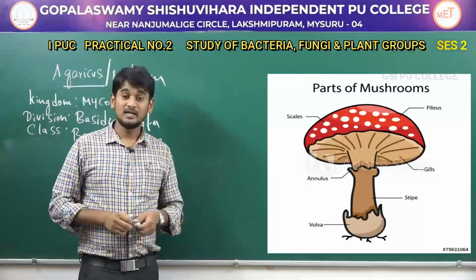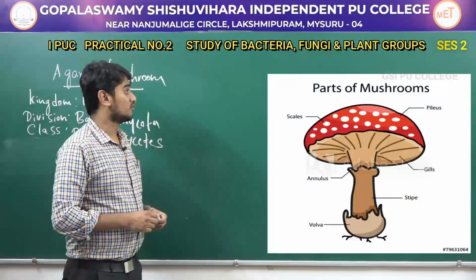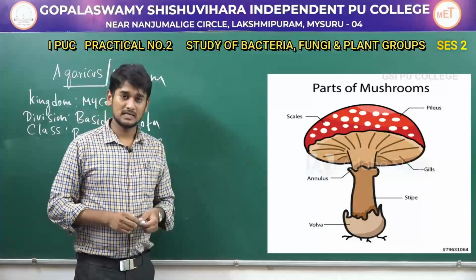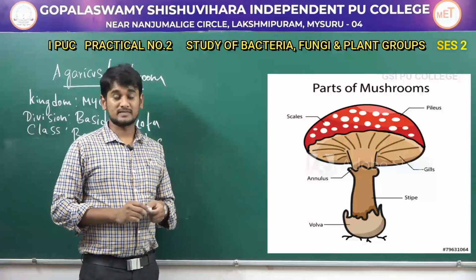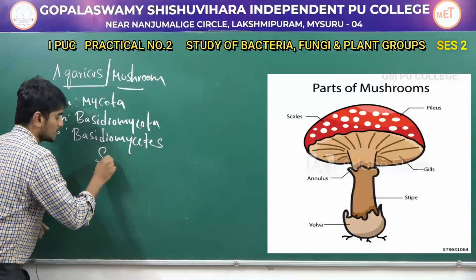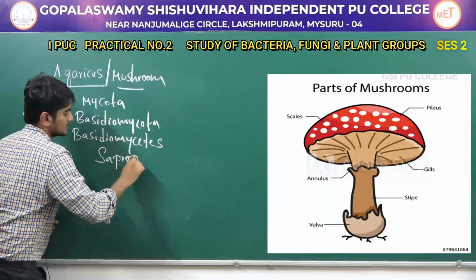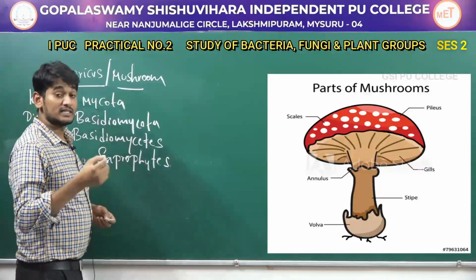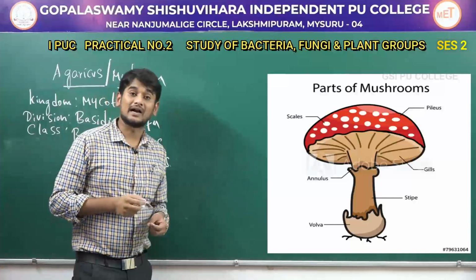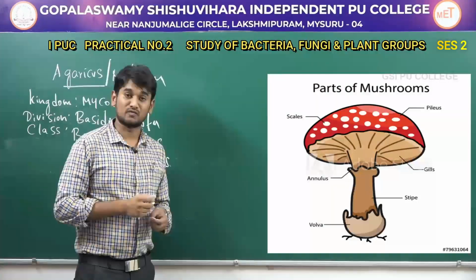Yes, on the right side, we can observe the picture of mushroom or Agaricus. It is a saprophytic fungus, which means it grows on dead and decaying organic matter. That is called saprophytes.